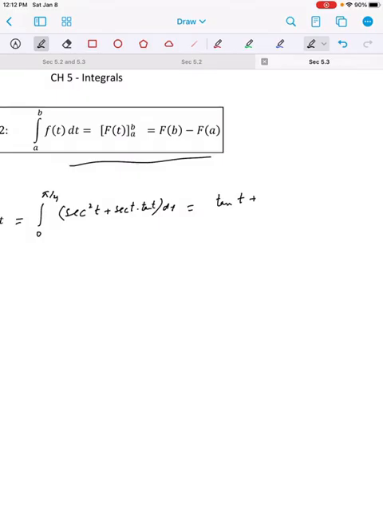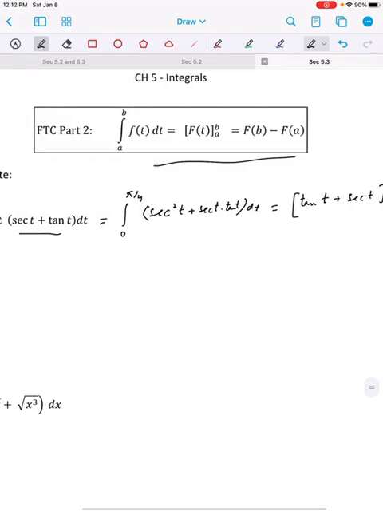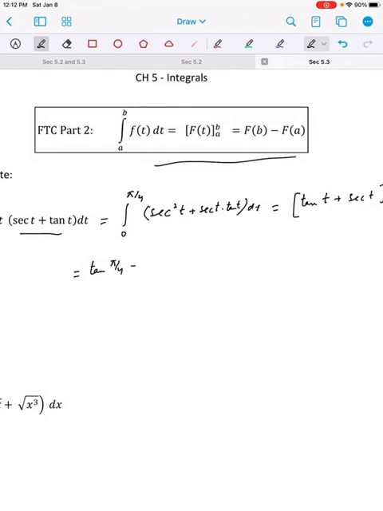I'll put the limits on the right hand side, and then we plug in the limits. Plugging in the limits gives me tangent of pi over 4 plus secant of pi over 4, minus tangent of 0 plus secant of 0.